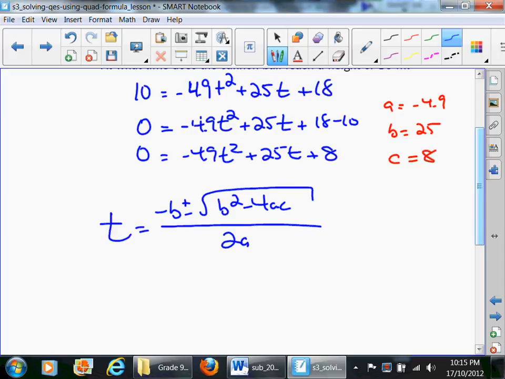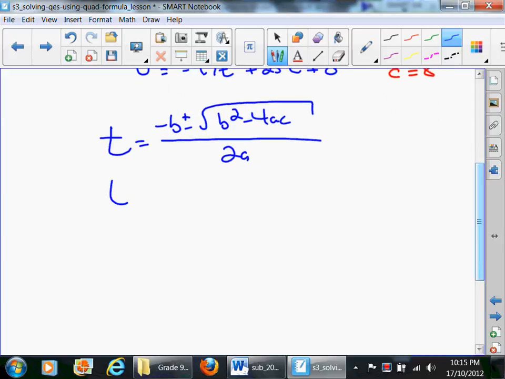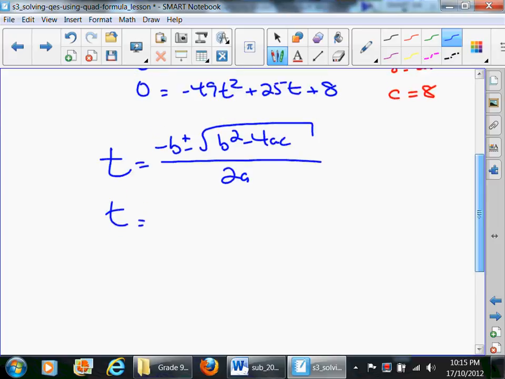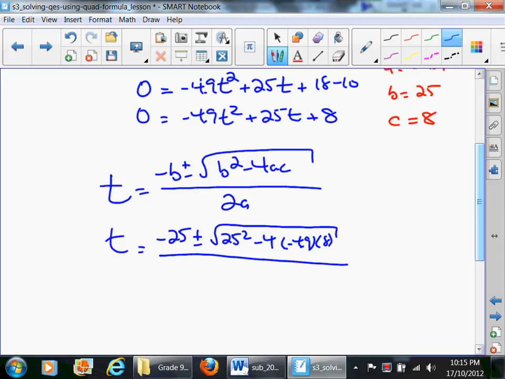So, now we just plug and play. So what's b? Well, b is 25. So that's negative 25 plus or minus square root of 25 squared minus 4. What's a? That's negative 4.9 times c, which is 8, all over 2 times a, which is negative 4.9.